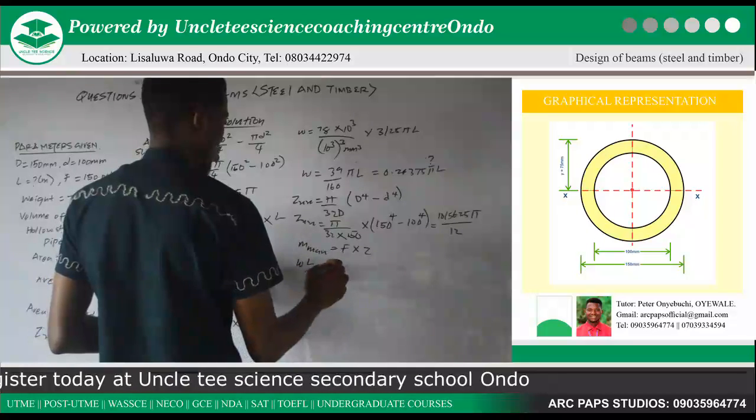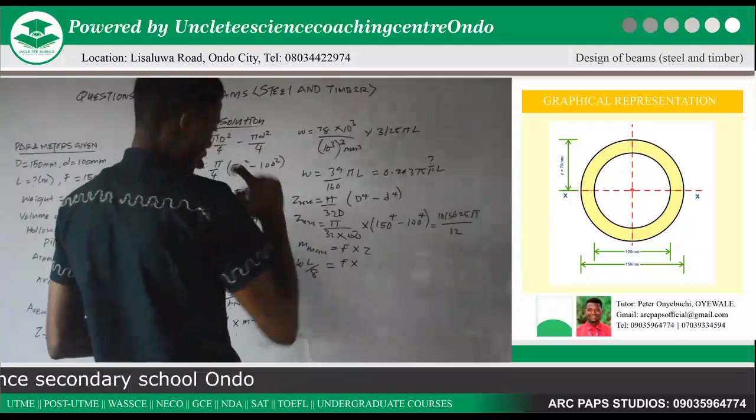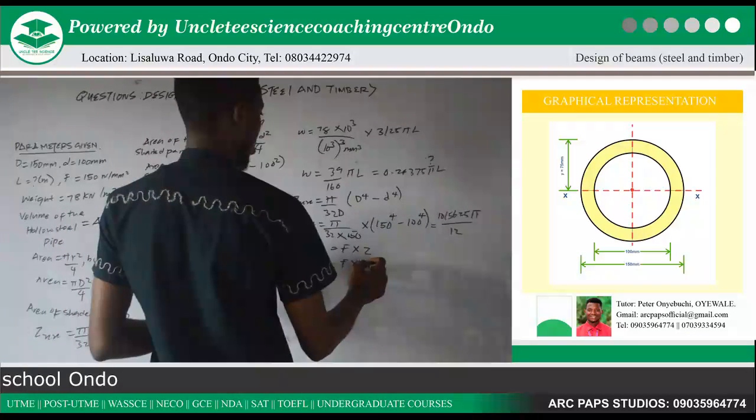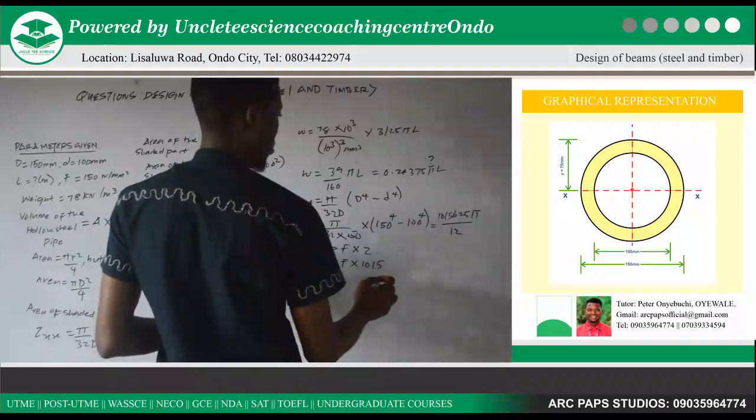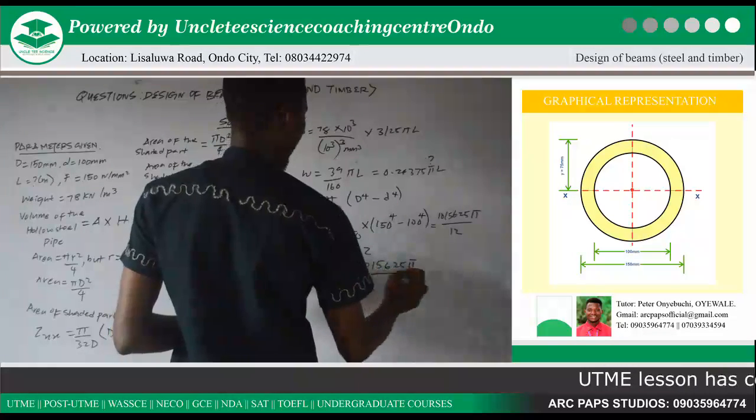Now our Mmax is given by our F times our Z, and our Mmax is WL over 8, which is equal to our F times our Zxx, our sectional modulus, which is 1015625 pi divided by 12.